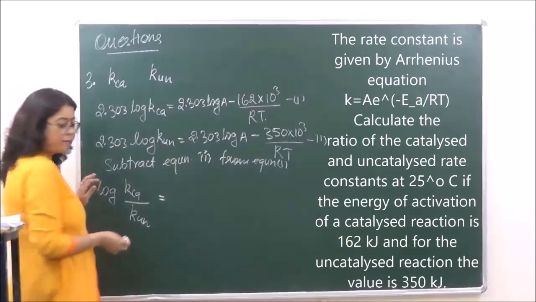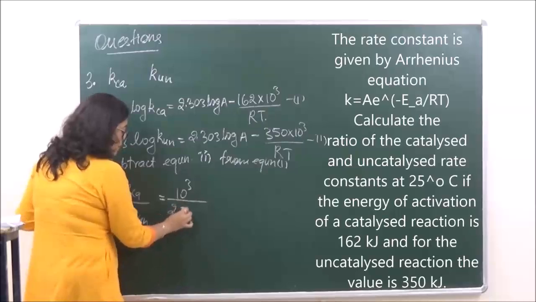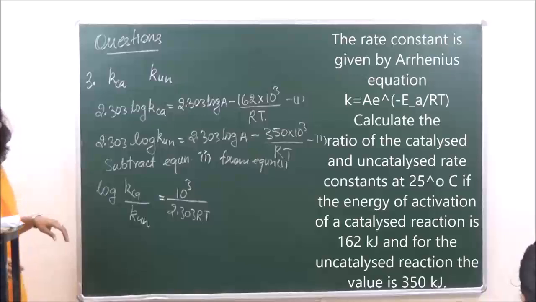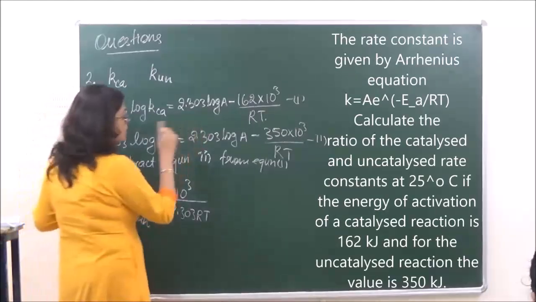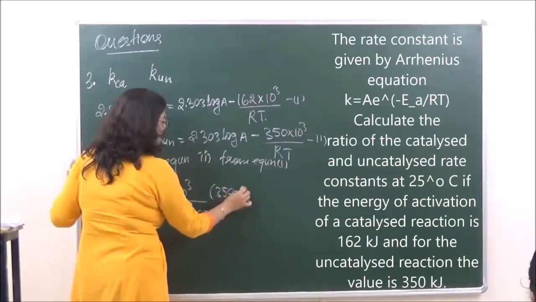Okay, so that will be 10 raised to power 3. Also 2.303 RT, that is going to be common. Okay, and the subtraction in the activation energies will be 350 minus 162.